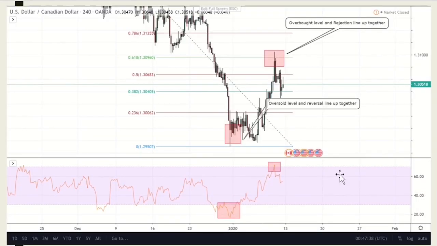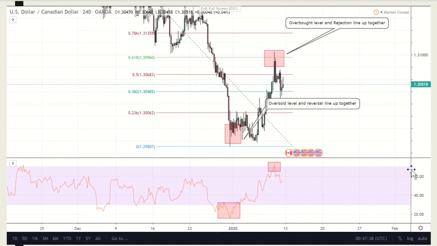So here you have price is oversold here. You see it lines up nicely with the Fibonacci. And before we go into this any further, I'd just like to mention that with the relative strength index, overbought and oversold levels are here and here.